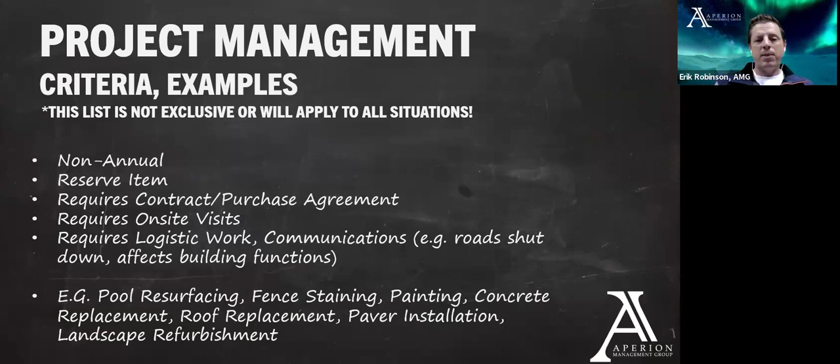So Schedule A project management items are generally going to be things that are not annual. They're not predictable. So reserve items, essentially. If you have a main bridge that goes over a river leading into your community, and that bridge has logs and rails, nobody really knows when rot and work is going to need to be done to those, or when those are going to need to be replaced.